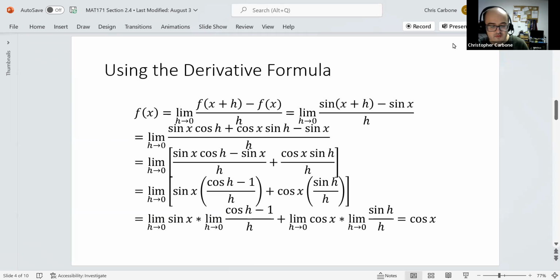From what we know about limits, we could break this apart to get the limit as h approaches 0 of the sine of x times the limit as h approaches 0 of the cosine of h minus 1 divided by h, plus the limit as h approaches 0 of the cosine of x times the limit as h approaches 0 of the sine of h divided by h. It turns out that this simplifies down to the cosine of x.